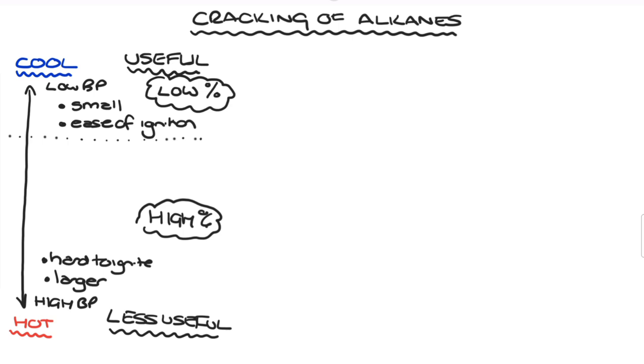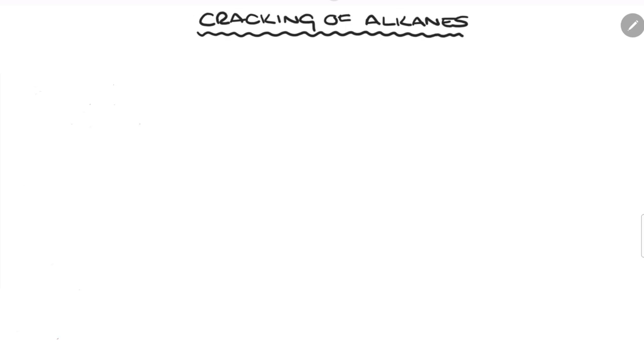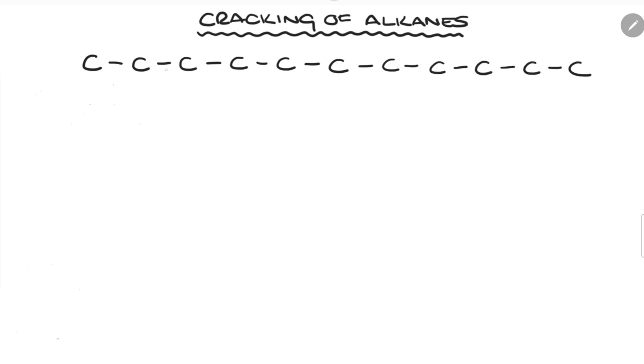I'll just clear this page off and we'll have a look at cracking of a larger molecule. If we take in this example a large, relatively useless hydrocarbon, a carbon chain with 12 carbons on it, we'll say that's a relatively useless type of molecule in the fact that it doesn't burn very well.